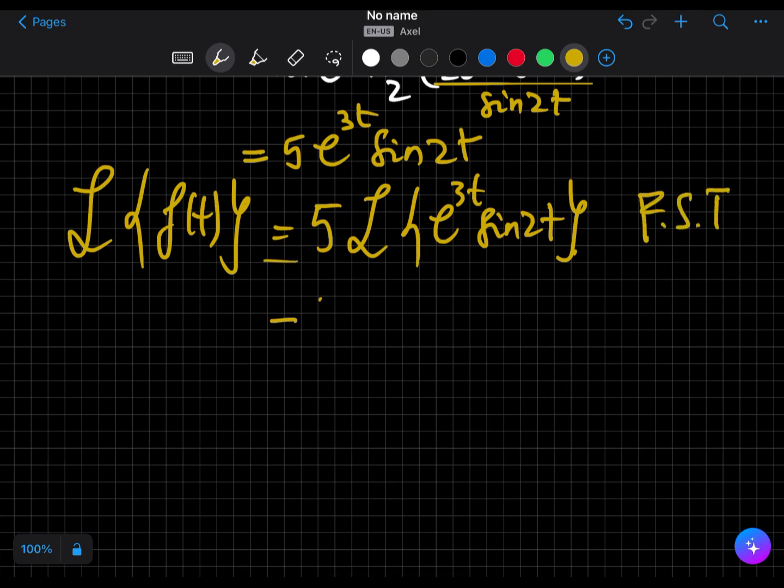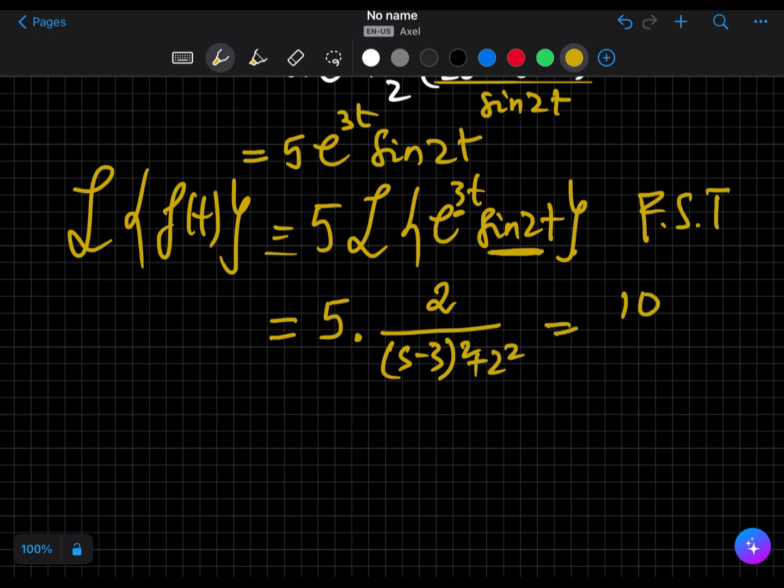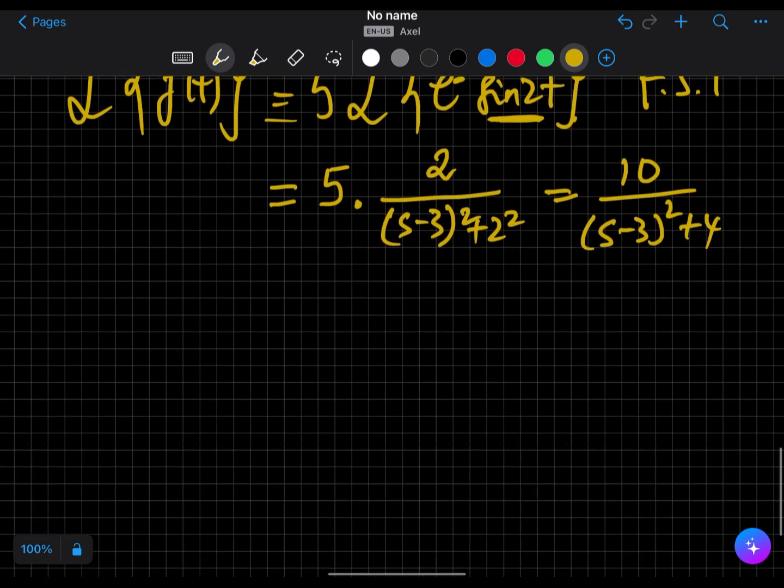Applying it directly, we have 5 times the Laplace transform of sine 2t, which is 2 over s squared plus 2 squared, and instead of s you do the shift, putting the minus a, the 3 here: s minus 3 squared plus 2 squared. So this is equal to 10 over s minus 3 squared plus 4. So that is the Laplace transform of the function.